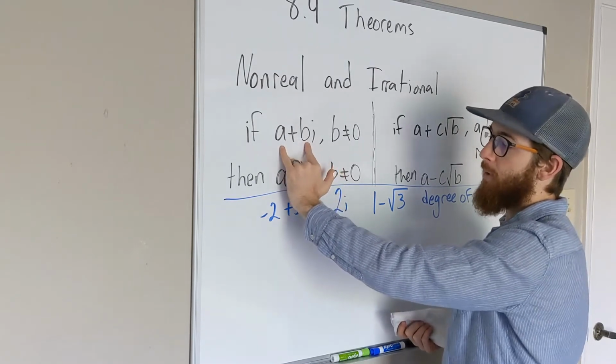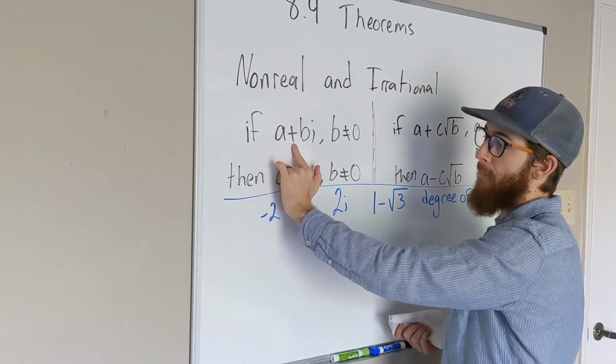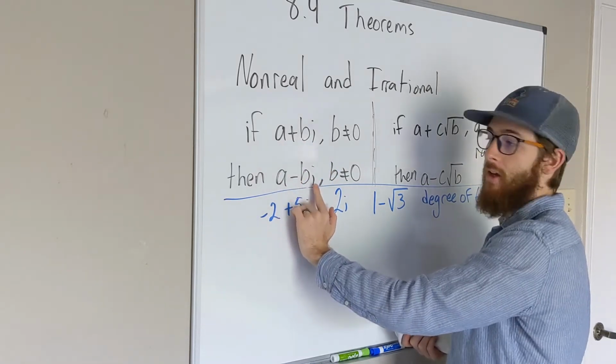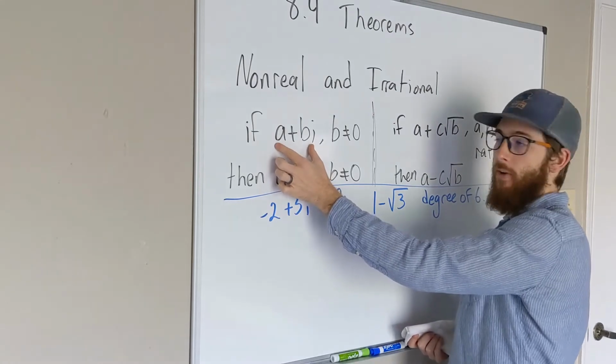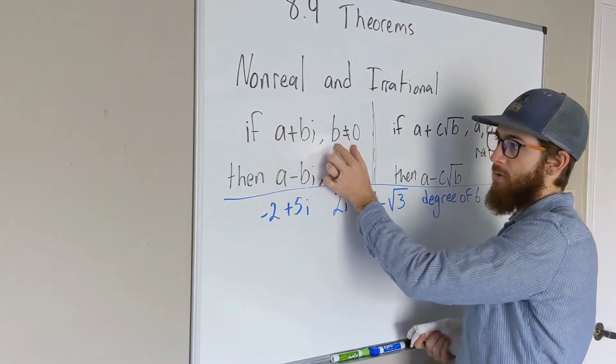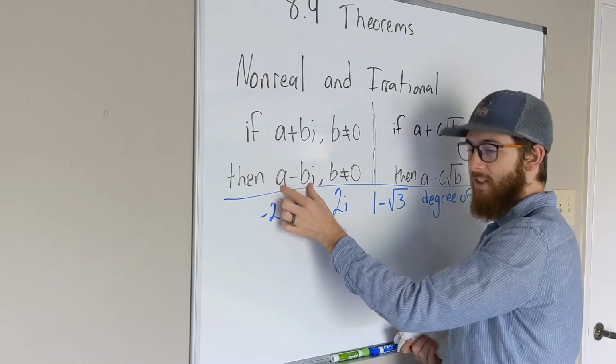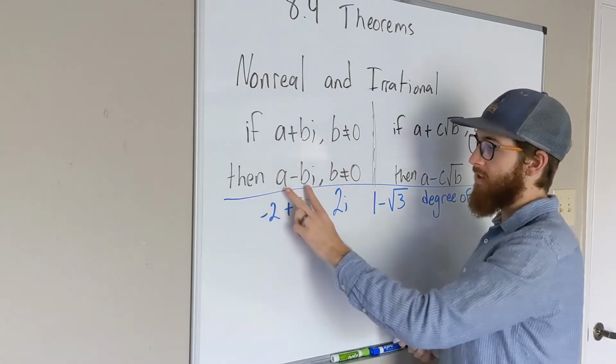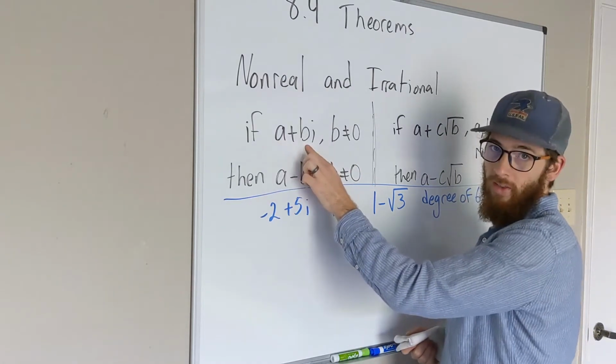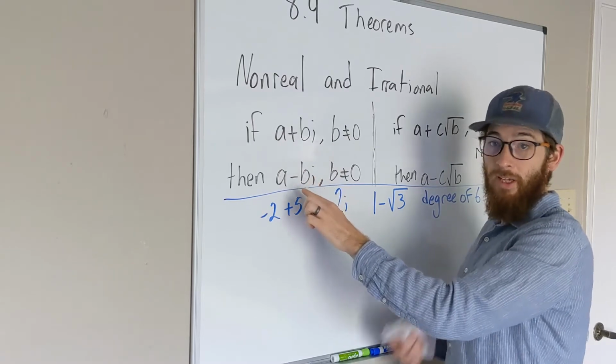So remember, the complex conjugate of this is a minus bi. So if this is a 0 of our polynomial, and b is not 0, then its complex conjugate must also be a 0. So if I'm given 1, the other also has to be a 0.